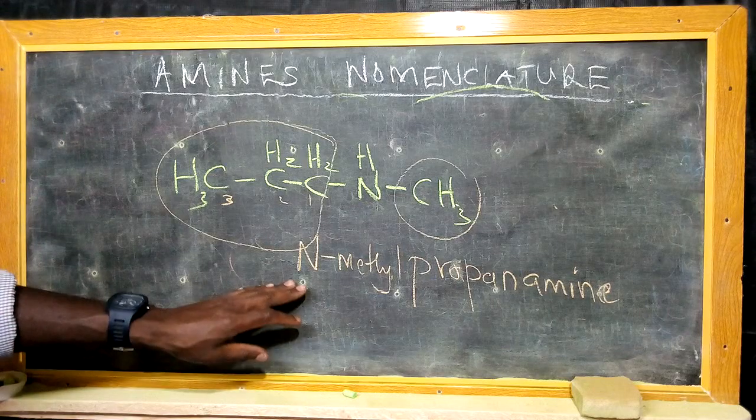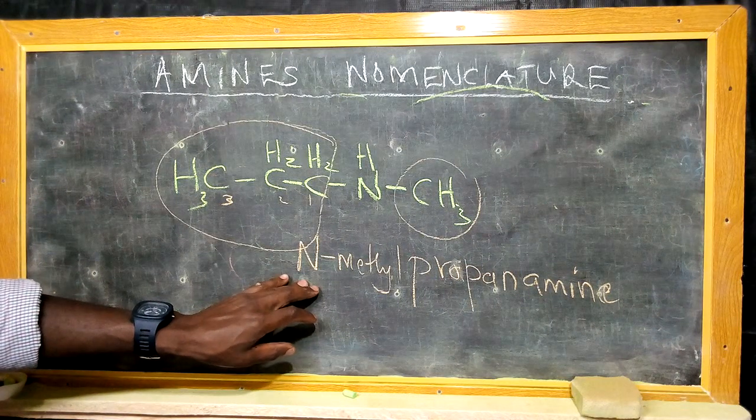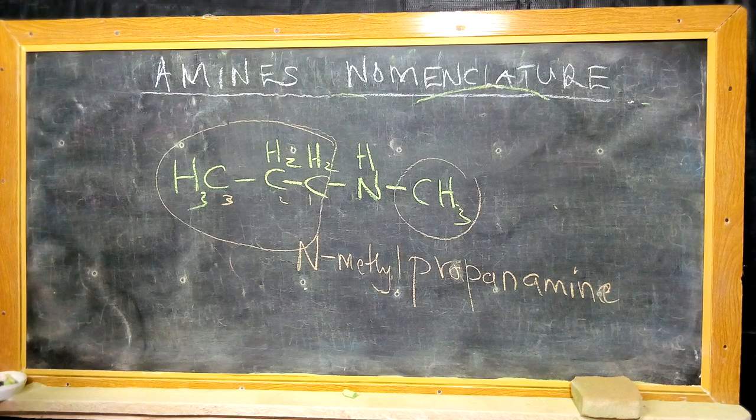Now for other groups, like we said with the alkanes, we use numerical figures, that is 1, 2, 3, 4, for the number of carbons, or the point at which there's a substituent attached to that particular carbon.